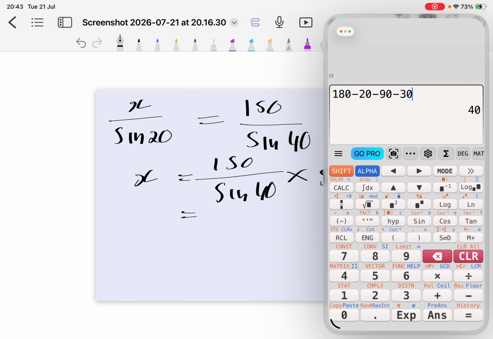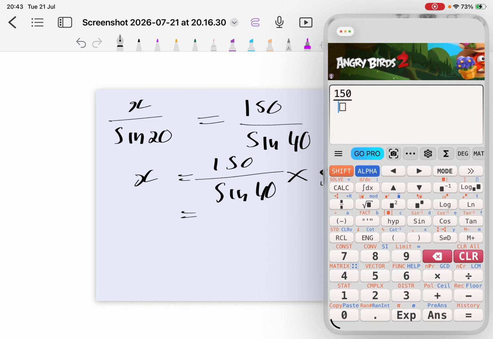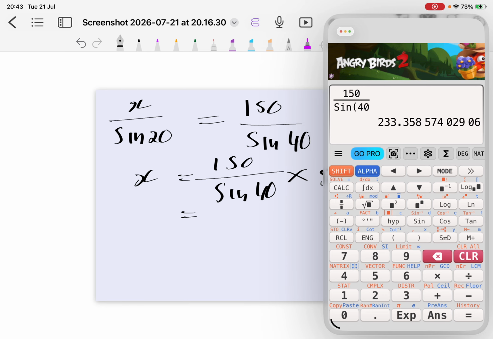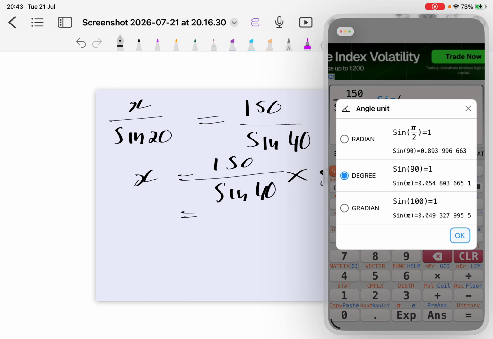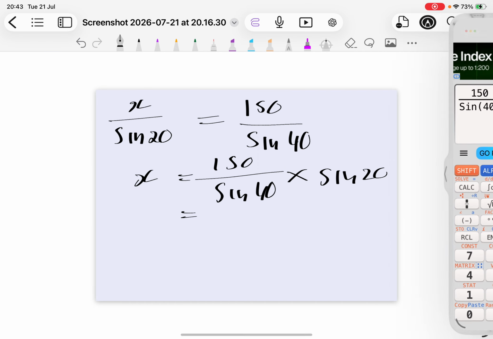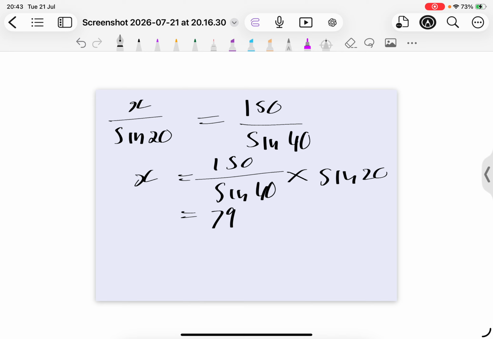I'm saying the side of 150 over sine 40 multiplied by sine 20. Yes, it's okay, I'm using degrees. So that gives me an x value of 79,813. So that's my x value, right?